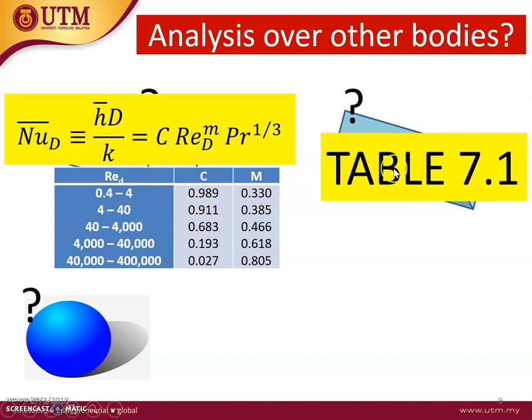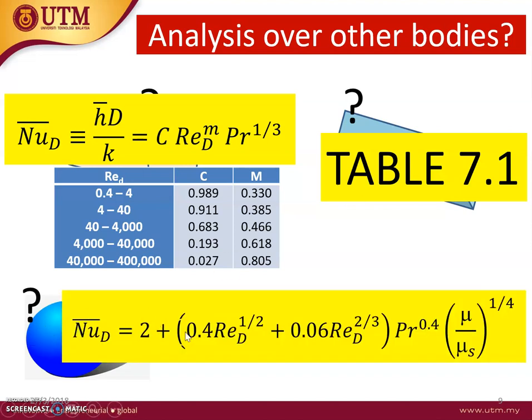For the flow over a non-circular cylinder, you may also use table 7.1 for the relevant correlation. The hydrodynamic diameter would be 4 multiplied by the cross-sectional area divided by the perimeter. And for the sphere, you may use the Whitaker correlation that's given here.